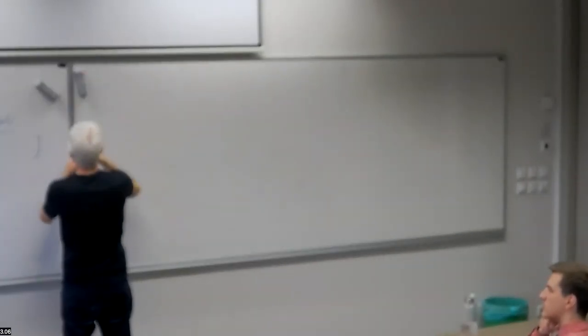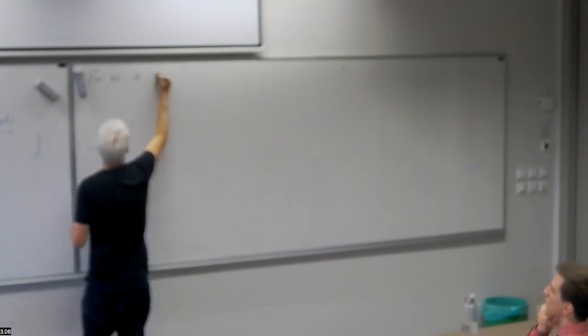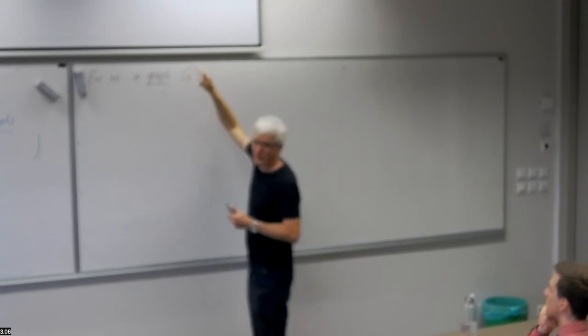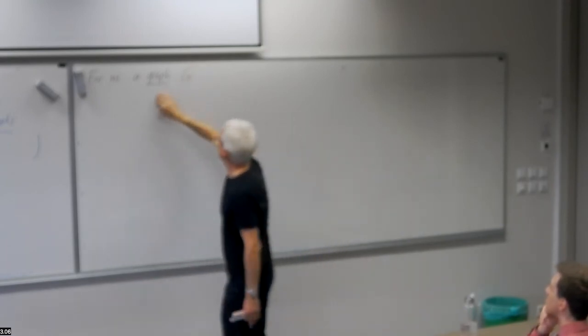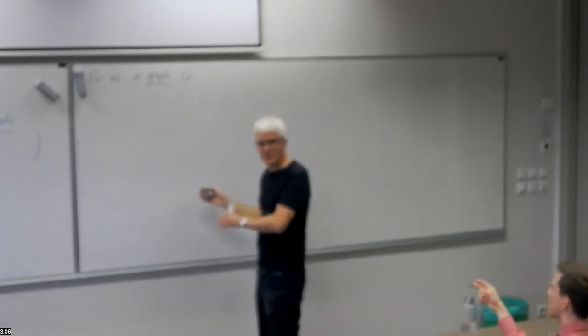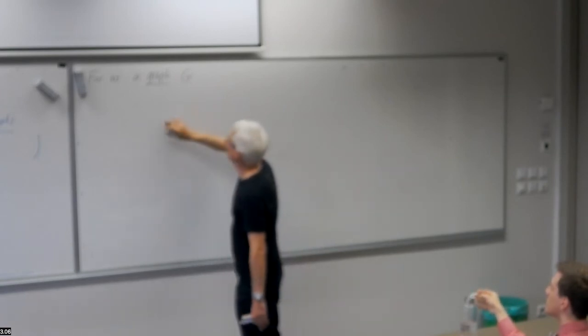So for us, a graph. I'm going to use G for a graph. Up to this point in this course G has typically been a group, but now it's a graph. And if anyone objects to the terminology graph, then you can think quiver any time I say graph, and you'll be fine.